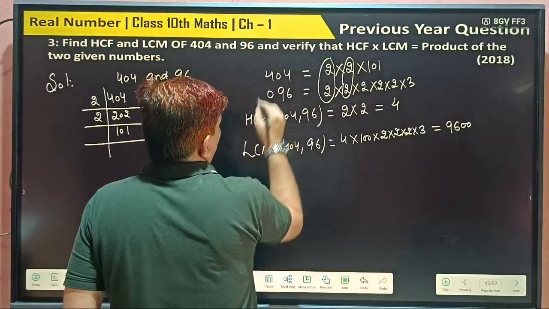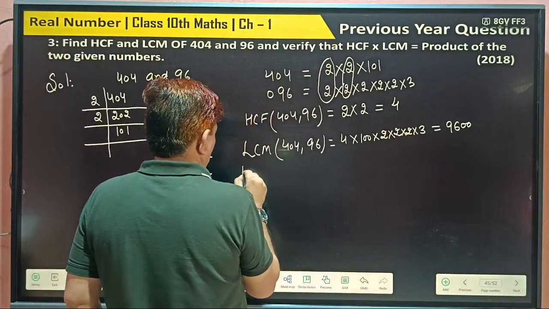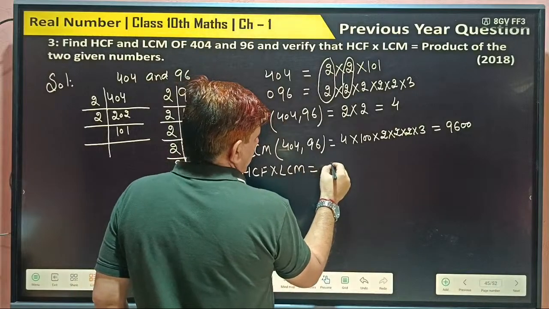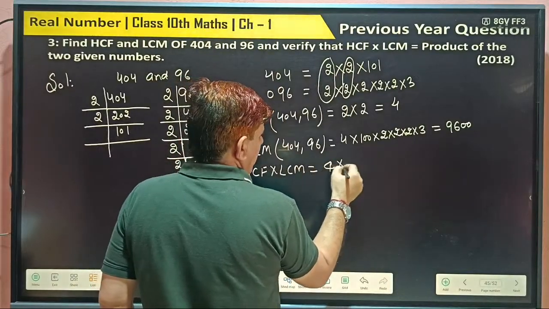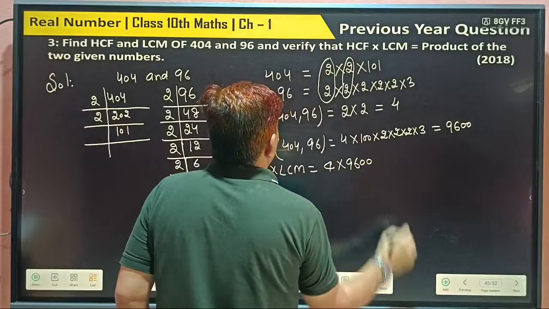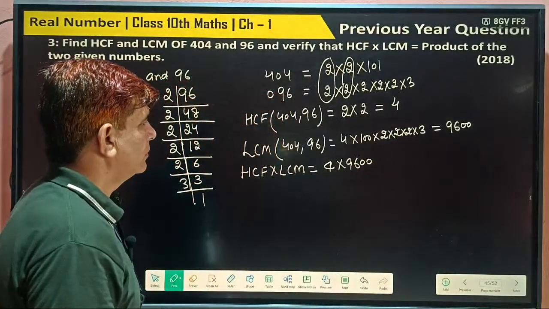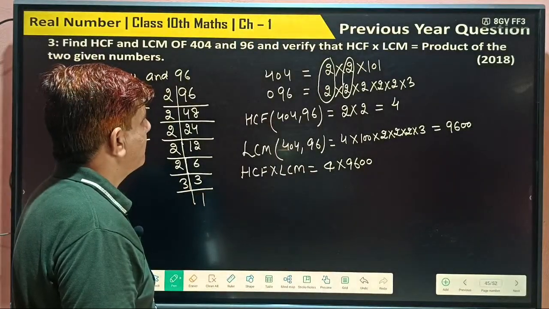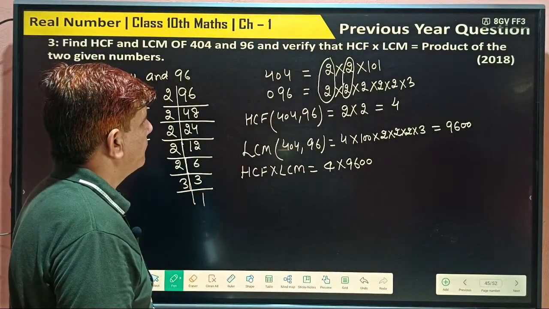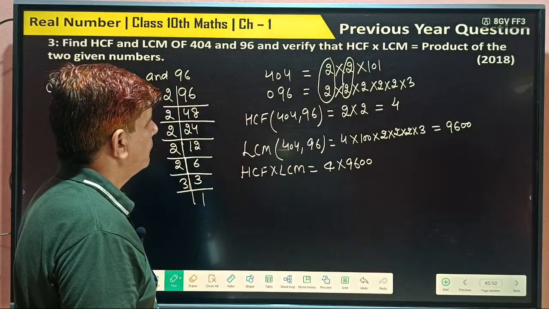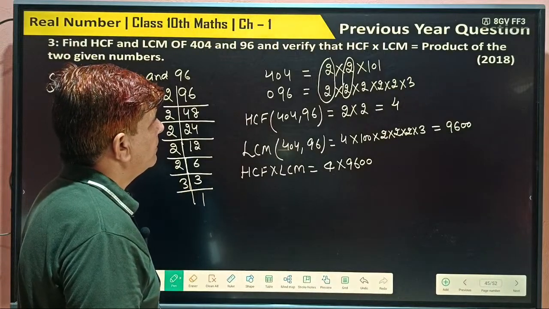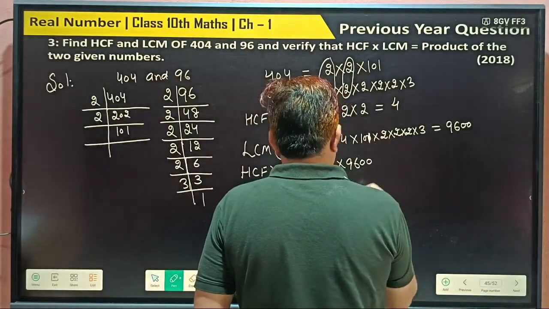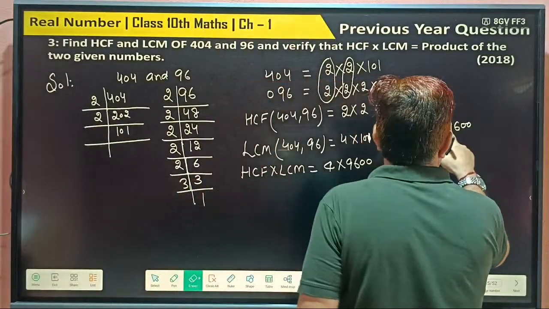So we have to verify also: HCF into LCM. Yes or no? 100, why written? 101 is there. Wrong written.